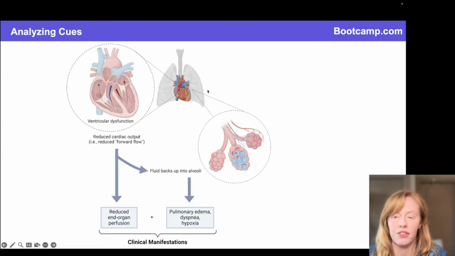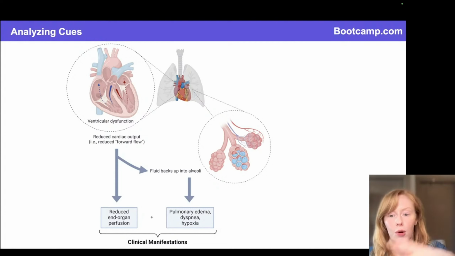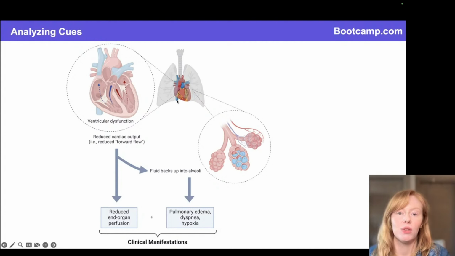Whenever you've got heart failure from inadequate blood supply to the heart muscle, like in coronary artery disease, and maybe too much oxygen demand on the heart, like if you have hypertension and the heart's having to work really hard to pump against that high blood pressure, those things are going to strain the ventricles, cause them to weaken, and then we've got two problems. Instead of the blood moving forward to the organs, it goes backwards into the lungs and it builds up, and then the alveoli can fill with fluid.